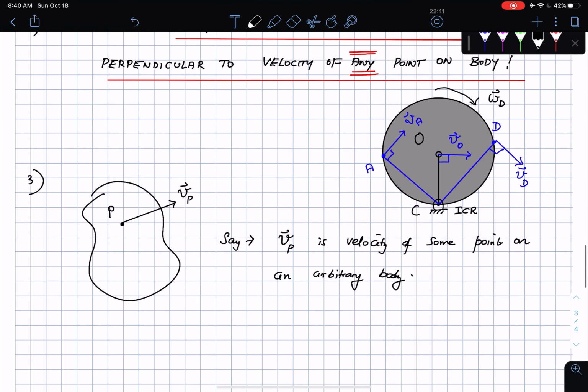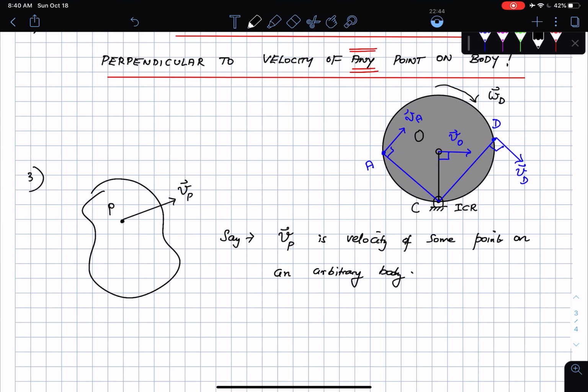Okay, and let us say that omega is the angular velocity of the body.